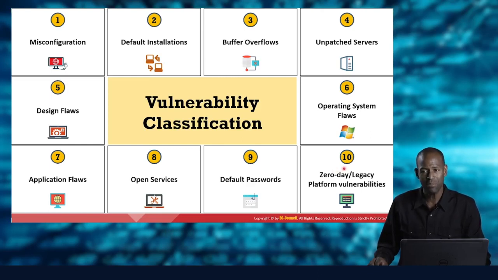Another one would be legacy platforms. So legacy means old school stuff. You're using old hardware, old software, old platforms like IIS 6.0 or IIS 8.0 or a super old version. IIS, by the way, is the Internet Information System. It's Microsoft's web server.